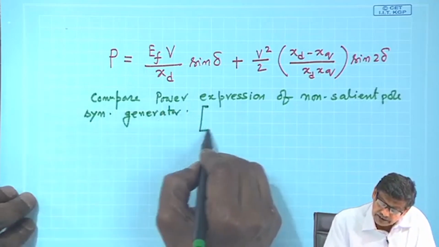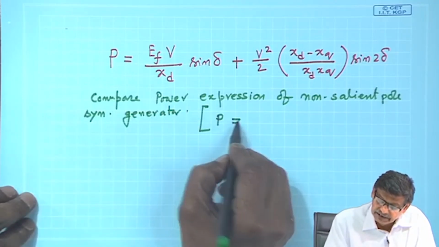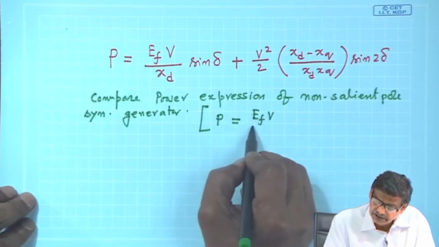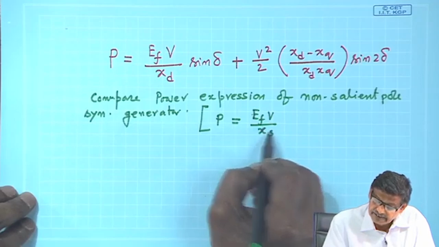How did it look? It was P is equal to per phase EF V, these are all phase voltages, by XS sin delta.